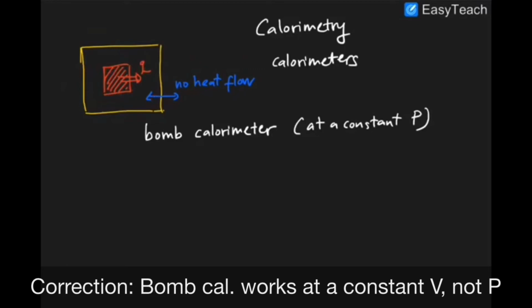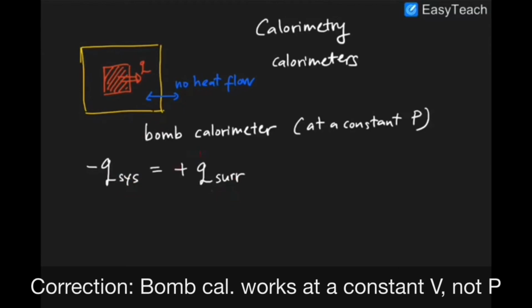In this case, minus of heat of the system will be equal to the positive Q of the surroundings. Because heat will be released by the system, and because there is no heat flow to the outside part, the released heat will be accepted by the surroundings.